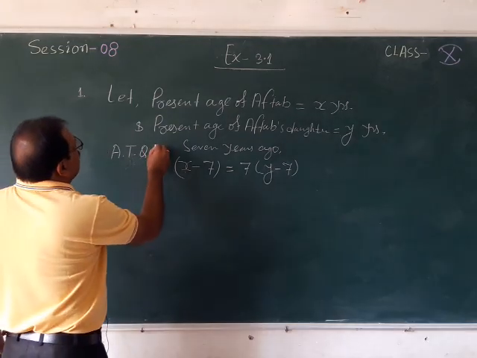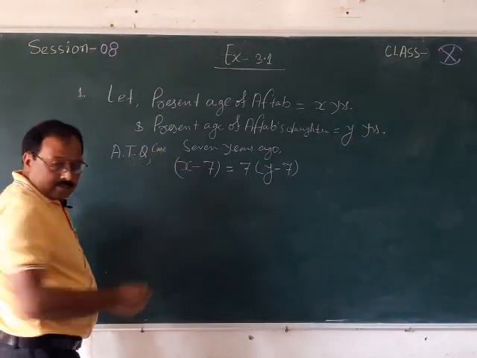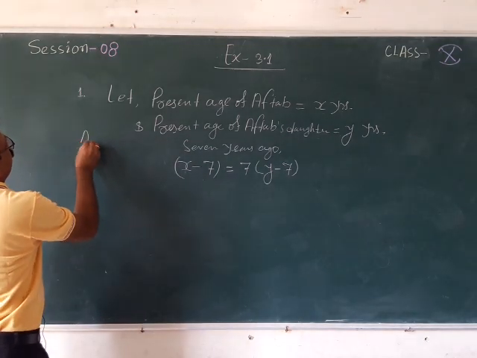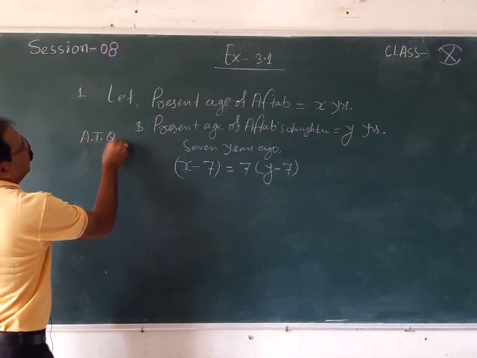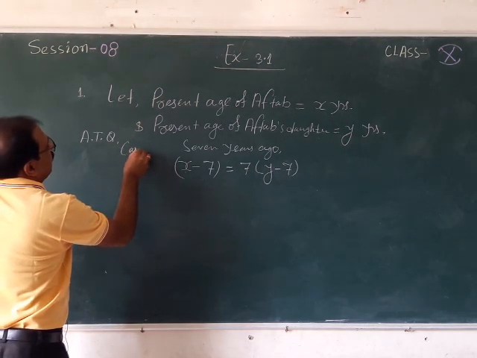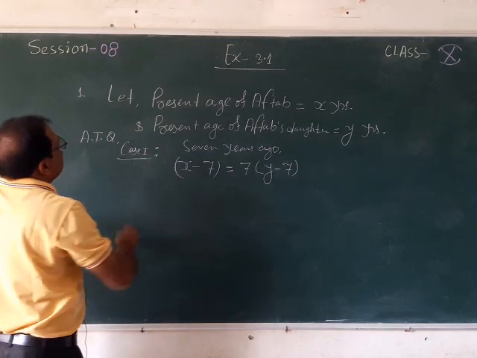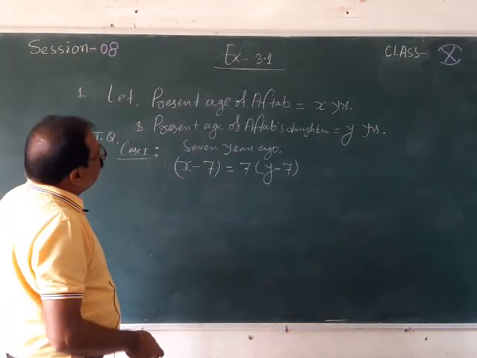According to the question, here you can write case 1. I am taking some space there. Directly I am writing, this is case 1, because here you always have two cases.